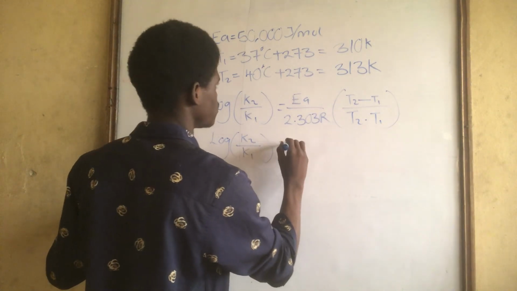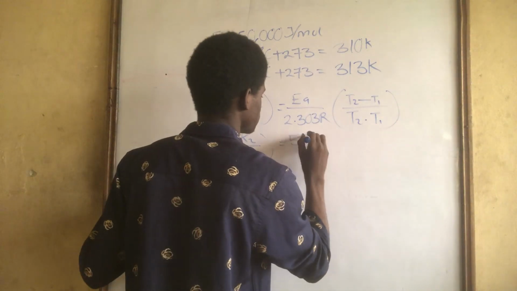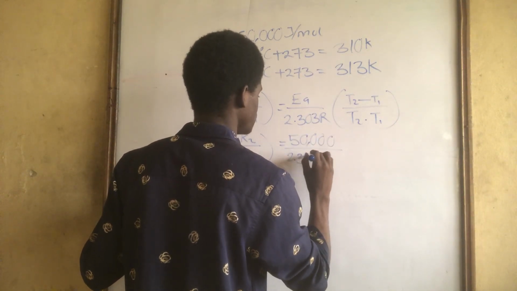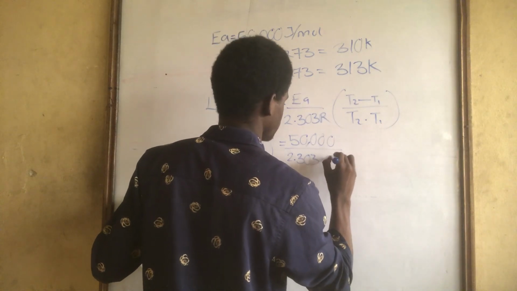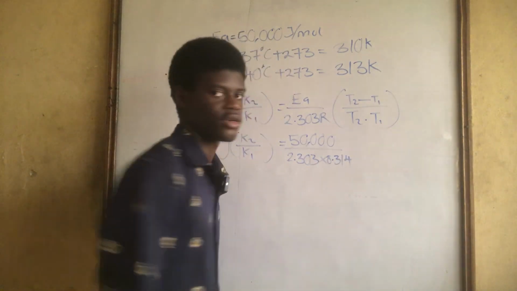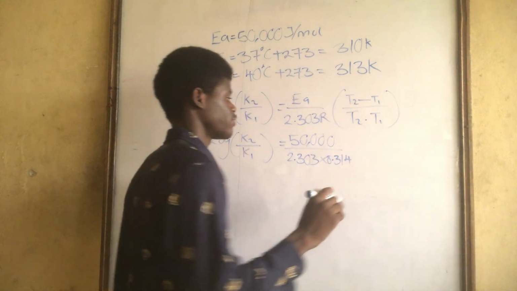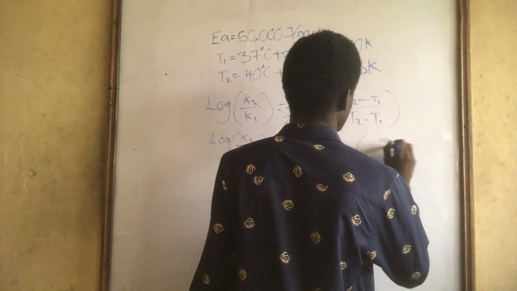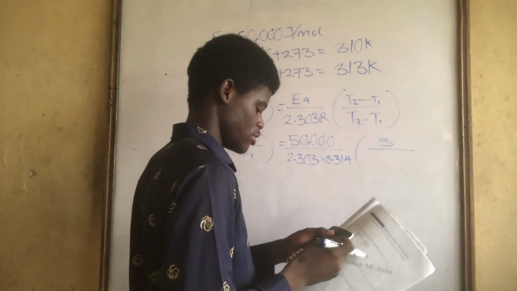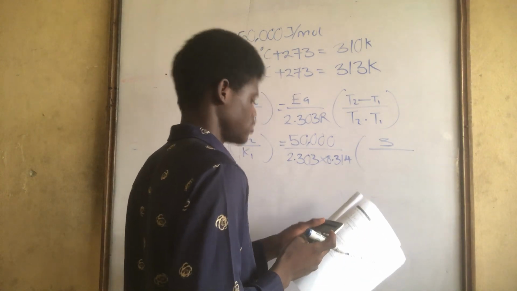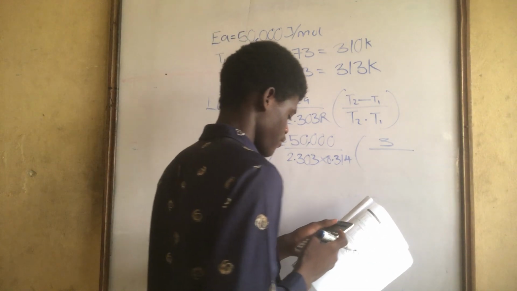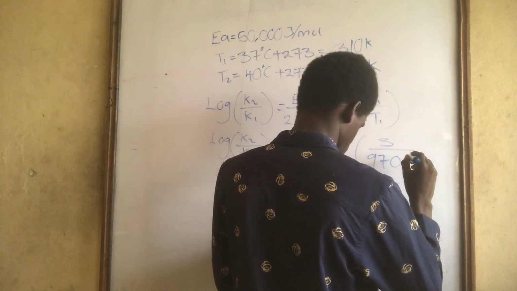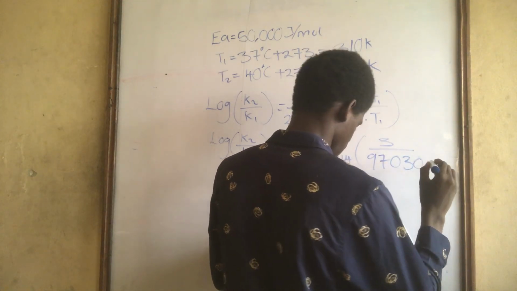Activation energy is 50,000 over 2.303, R is 8.314. You should know that R is a constant, so it's always 8.314. T2 minus T1, that's just 3, over 310 times 313, which is 97,030.